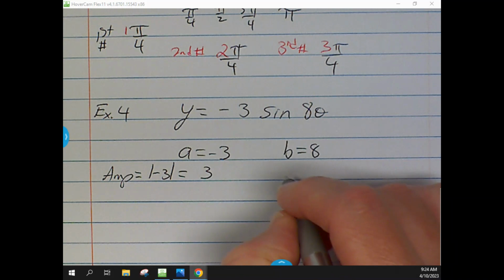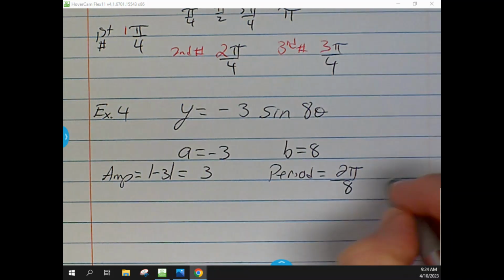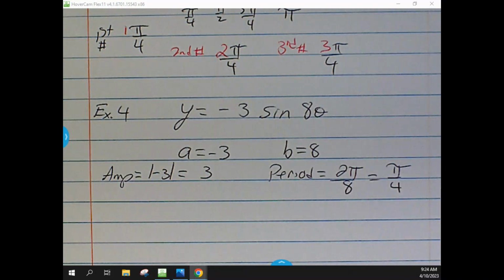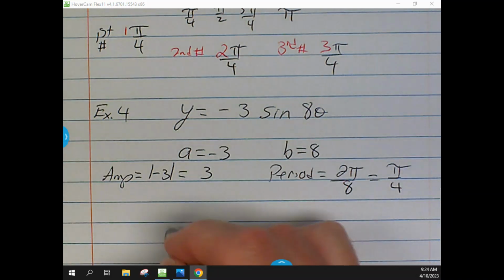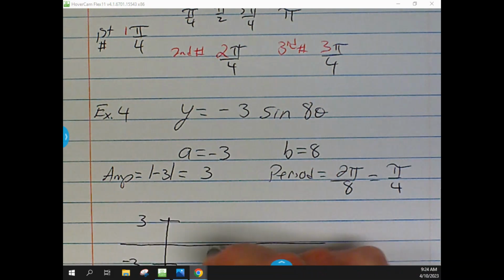And for your B value, that is for the period, that's 2 pi divided by B. So 2 pi divided by 8, which is pi over 4. Okay, so we got 3, -3, 1, 2, 3, 4.